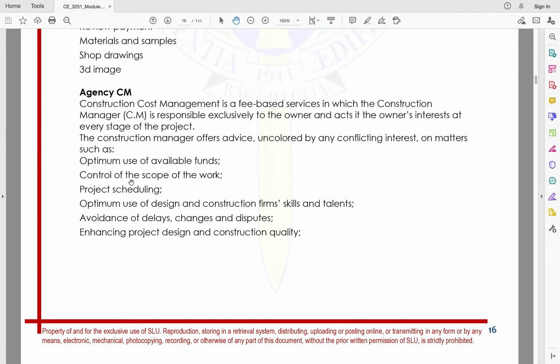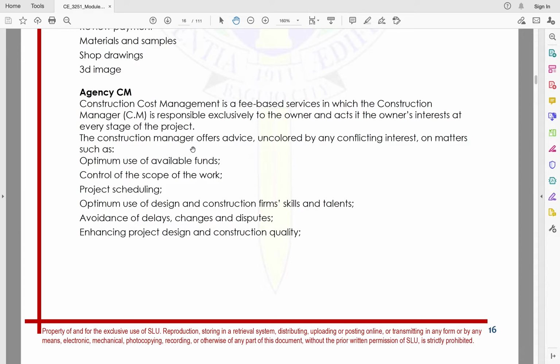Nag-a-advise ka sa scope of work, sa scheduling, optimum use of design and construction firms' skill and talents, avoidance of delays, changes and disputes, enhancing project design and construction quality. Okay, so again, if you are already a construction manager, you should already have the experience and the skill.